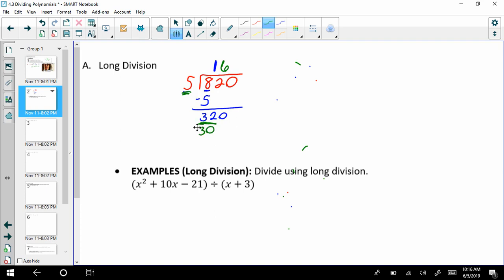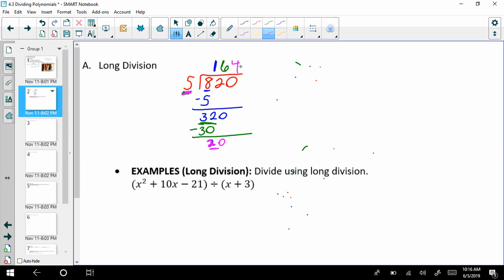And then I want to figure out what's left, so I'm going to subtract. If I subtract, I have a 2 left, and then I'll bring down the 0. And we're going to start the process again. So how many times does 5 go into 20? 4.